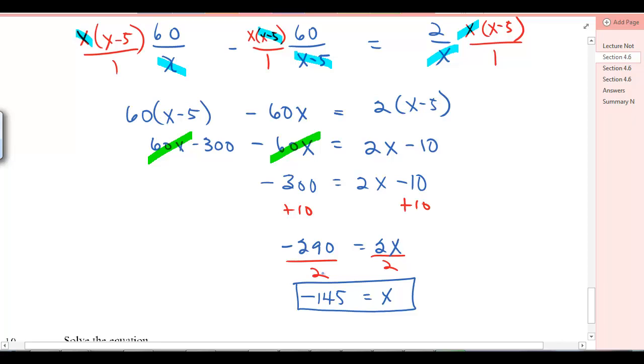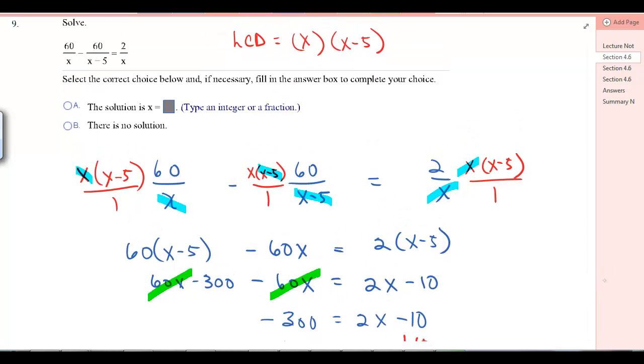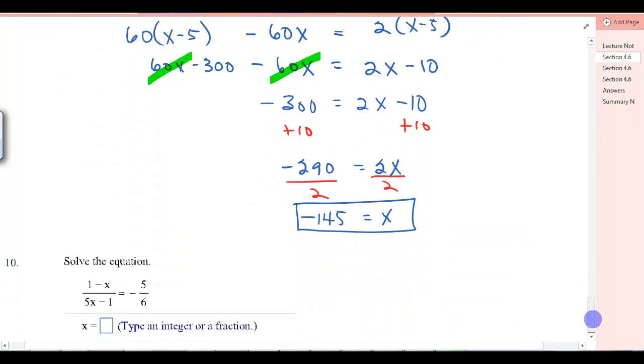So the key here was to figure out what our common denominator was, looking back at our original question, and multiply each of these terms by our common denominator. When we do that, we'll come out with a plain equation, no rational expressions, and then we simply solve it.